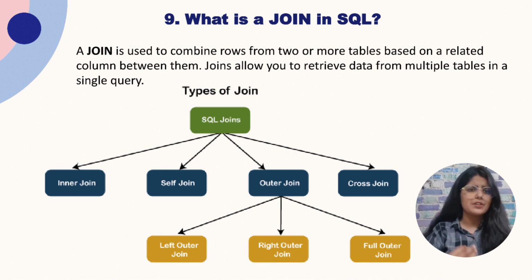Join is a way to retrieve data efficiently rather than duplicating data in one table. We can simplify our complex queries instead of writing them again and again for two different tables. We can write a single query to merge their data and get the result as we want. So this is join. Next, let's jump to another question of this series.